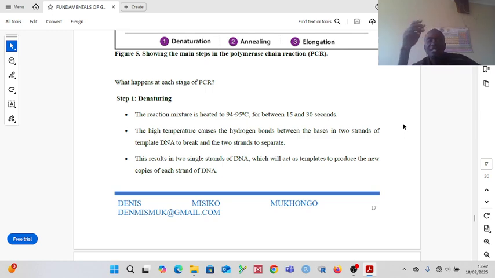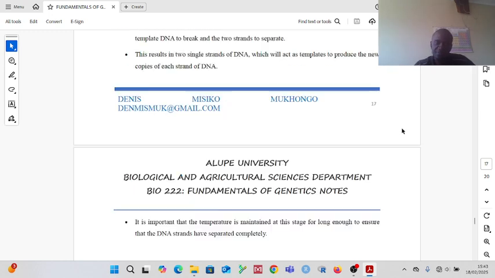When you've heated your reaction mixture, all you are doing is trying to attain the temperature at which the double strands of DNA will be broken, so that you create 2 separate single strands. The 2 single strands will act as templates in the formation of the new strands of DNA.